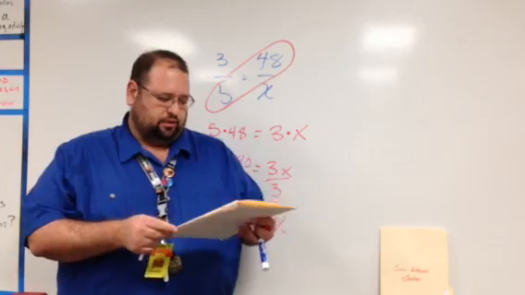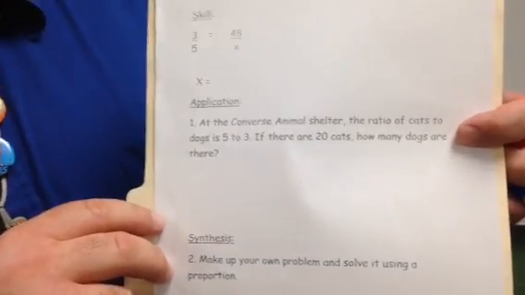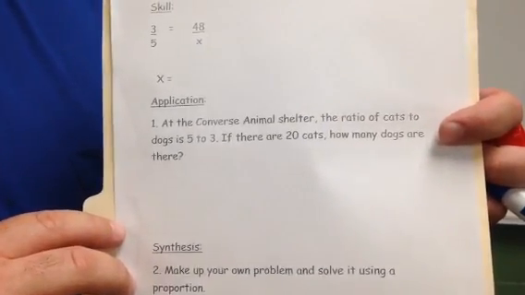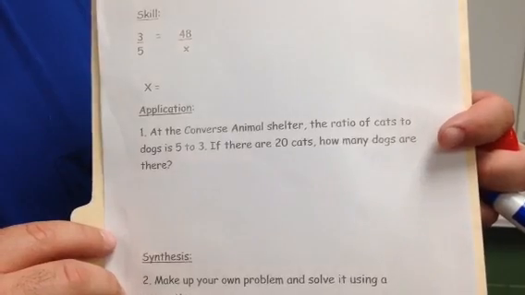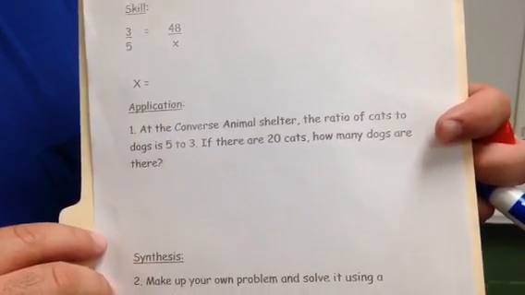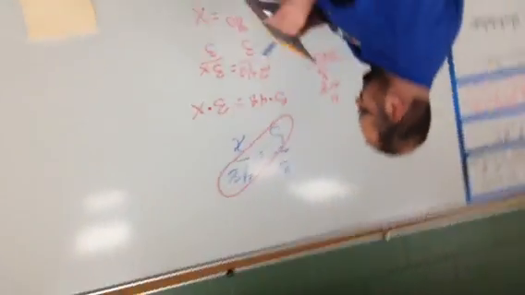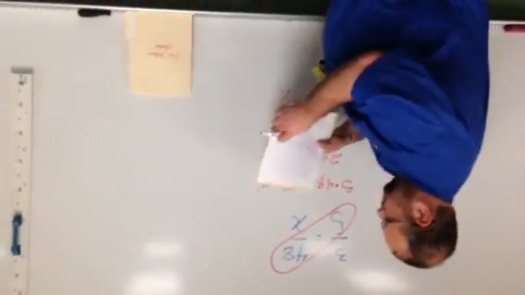To do this application problem right here: at the Converse Animal Shelter, the ratio of cats to dogs is 5:3. If there are 20 cats, how many dogs are there? So we're going to use that skill that we just learned to do that. We're going to set up a proportion.